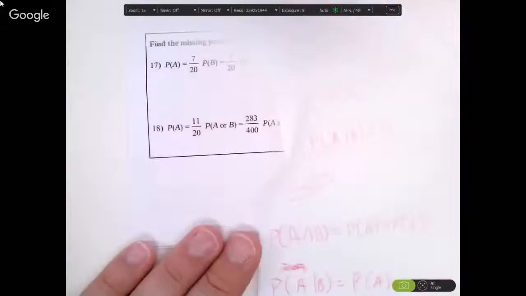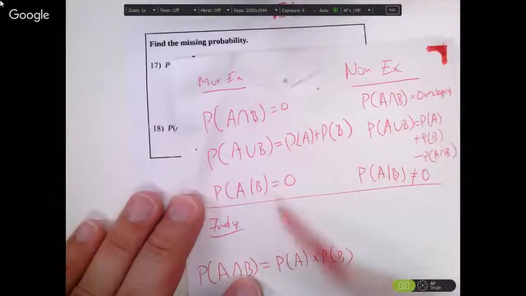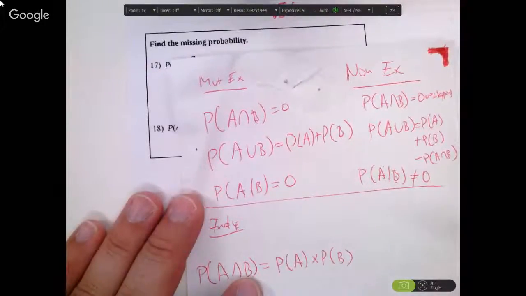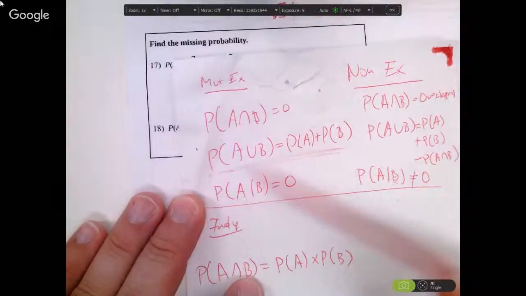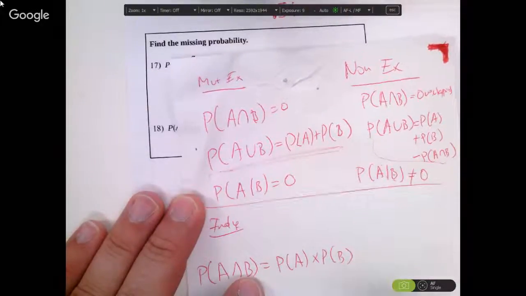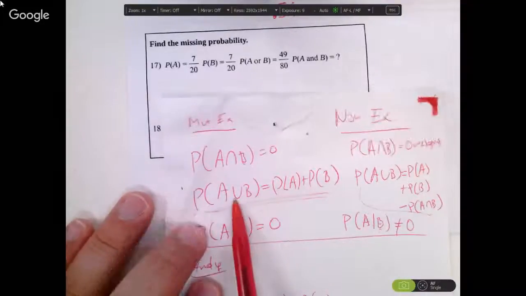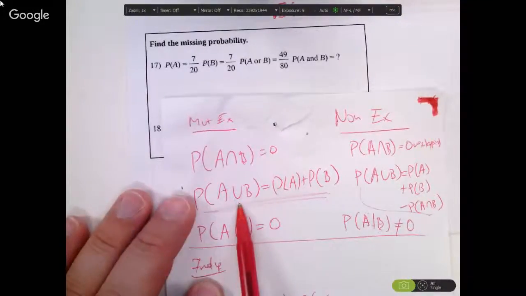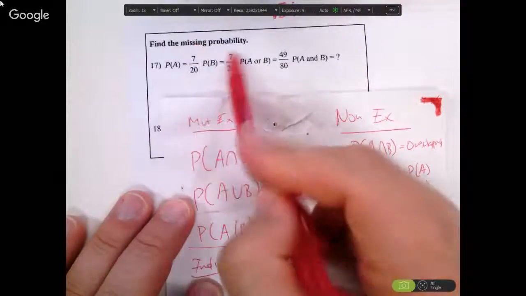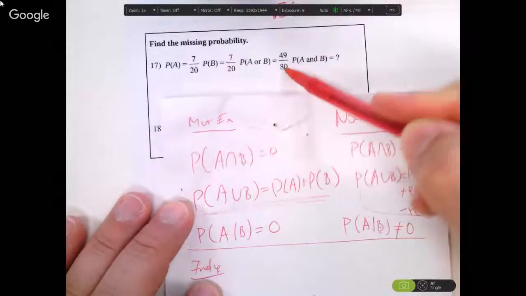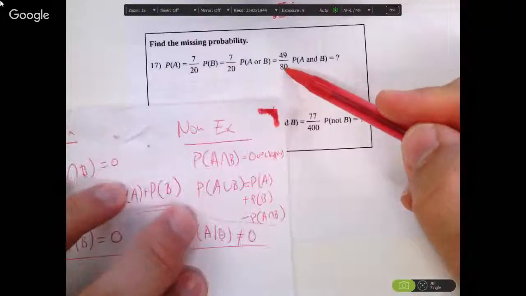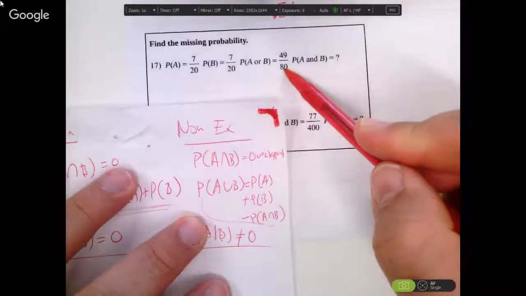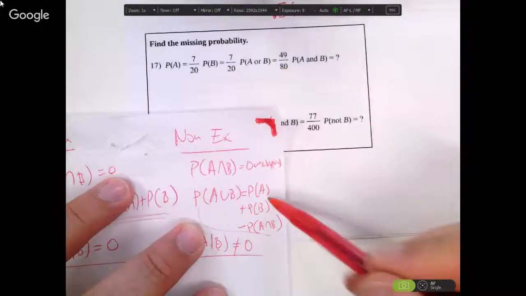I'm looking at my formula sheet, and first I'm going to figure out if it's exclusive or non-exclusive. I'm going to test whether this plus this equals that. So it's not mutually exclusive. If it doesn't, then it's this formula here.